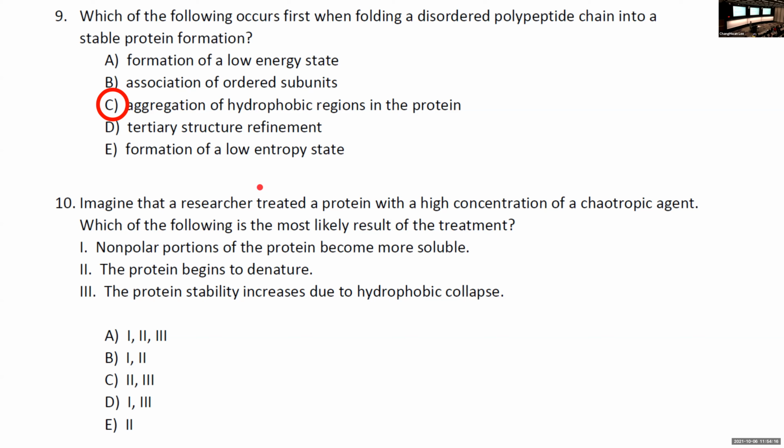The second step would be getting the tertiary structure first, just forming the tertiary structure based on finding the low energy state, which is the same as the low entropy state. And it'll go through refinement to try to find the native state, which is the most optimal state with the lowest energy, right? So it forms the one protein structure. And after that, it'll combine with the other subunits.